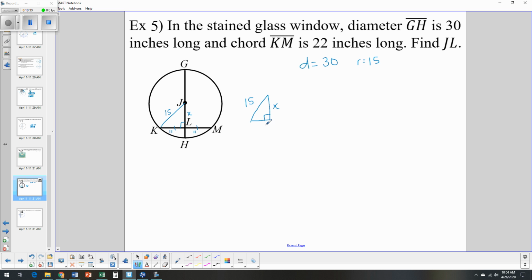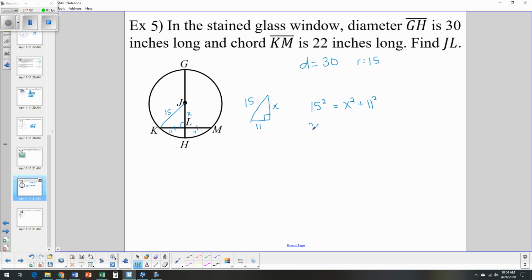One side is x and the other is 11. If you remember, anytime we have a right triangle and we have two sides, to find the third, we could use the Pythagorean theorem. So that's what I'm going to do. 15 is my hypotenuse, so that's my C. So we're going to get 15 squared equals x squared plus 11 squared.